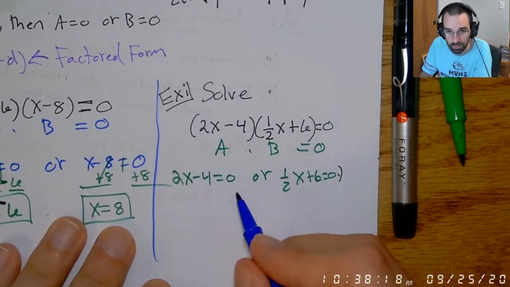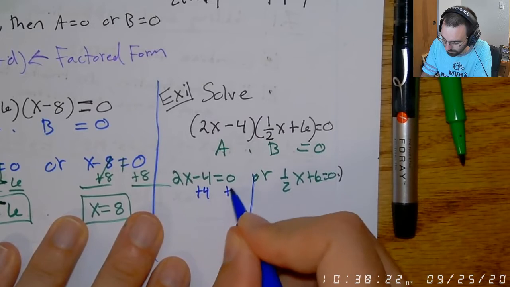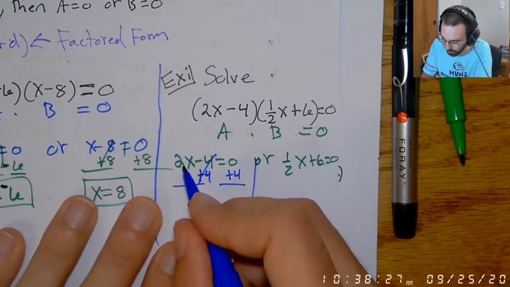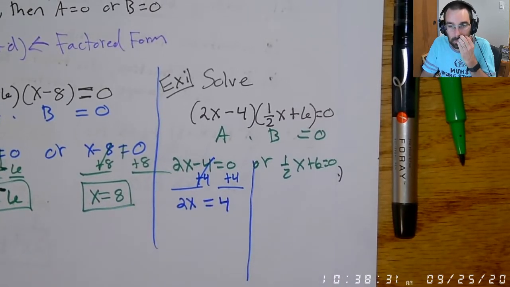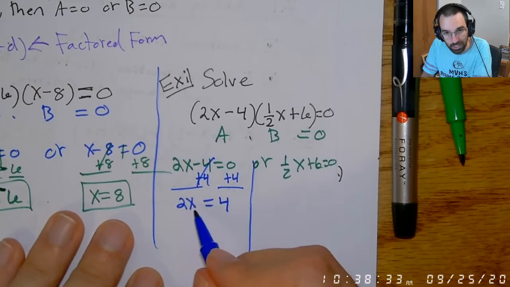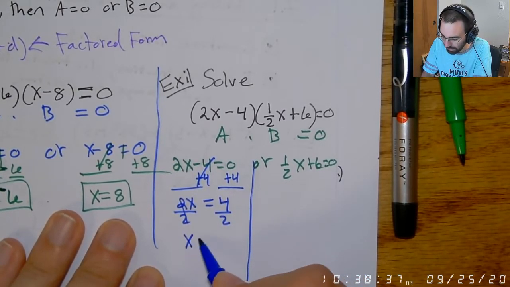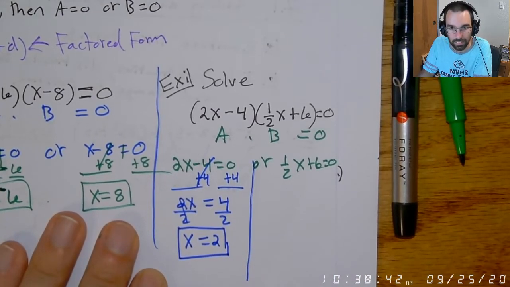Well, let's do one at a time. I'm going to add 4 to both sides. So what am I left with? I'm left with 2x equals 4. Then it's 2 times x, so I'm going to undo multiplication by dividing, so I get x equals 2. Okay, that's one of my answers.